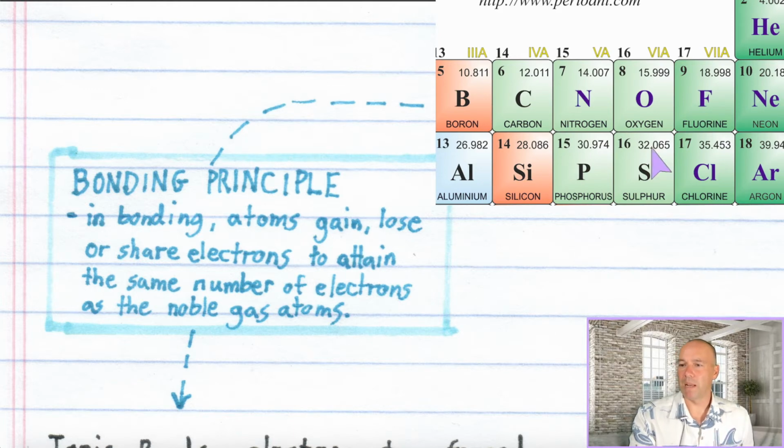That'll make me be like neon. Or maybe all I have to do is lose a couple of electrons, and that'll make me like the element argon. Or maybe I can share electrons with another atom, and that will let me be like one of the noble gases. That's what this bonding principle is saying.